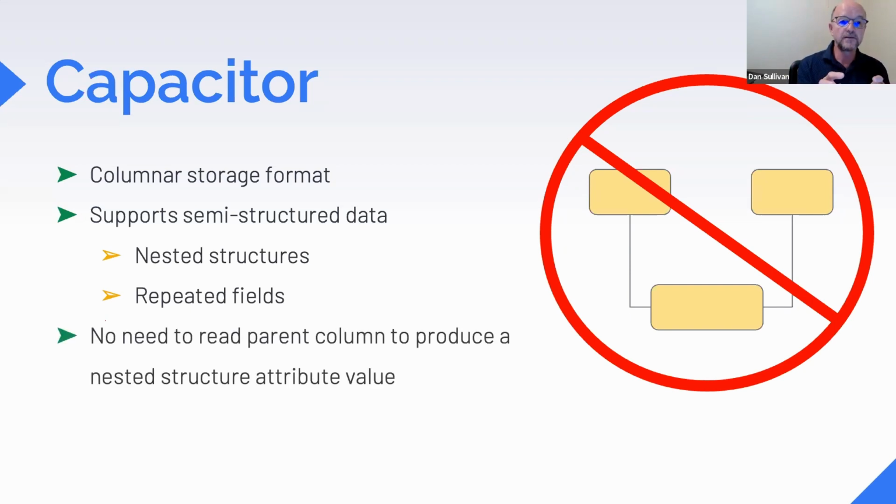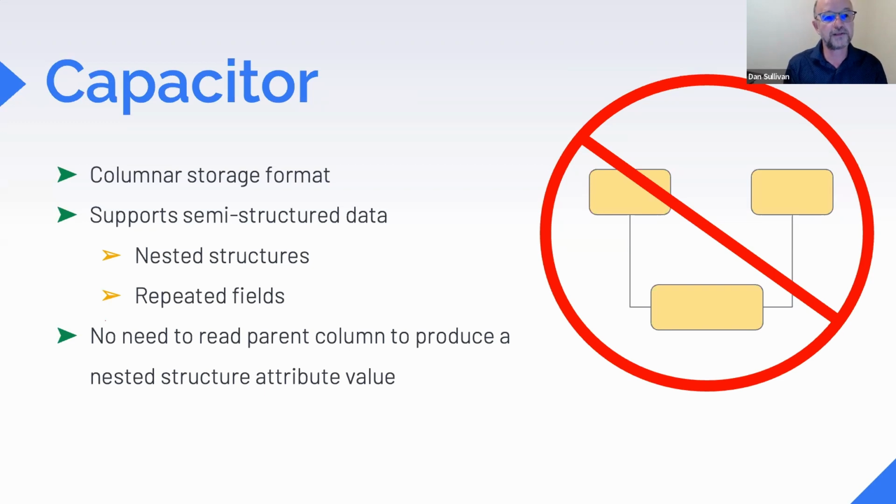One of the advantages of Capacitor that isn't necessarily the case with other columnar formats is that you don't have to read the parent column to produce a nested structure attribute value. There's enough metadata in the Capacitor format so that if you're down deep in the lower level hierarchies of a nested record, you don't have to have all the information about all of the outer layers as well.